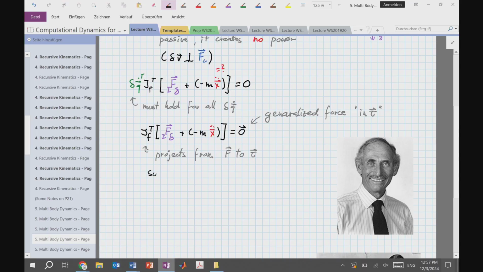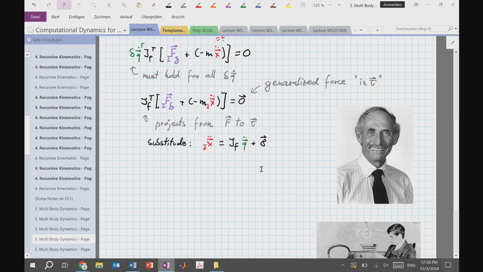And then I will do one last thing. Because I want to substitute my acceleration, and I can do this using the same Jacobian JF. I use my Q double dot, plus I have my bias acceleration, which now could also include accelerations coming from a rheonomic joint.